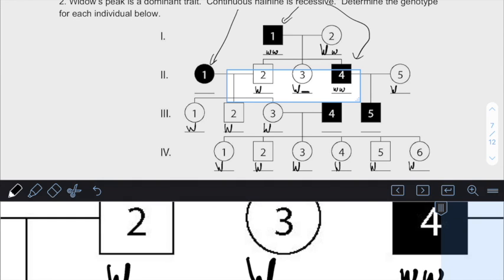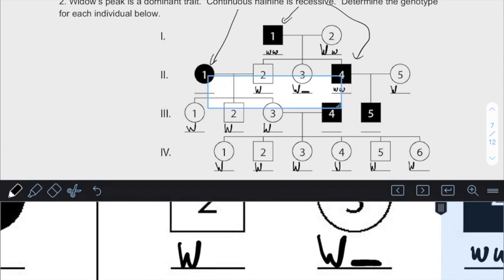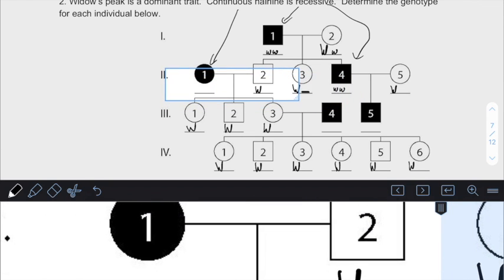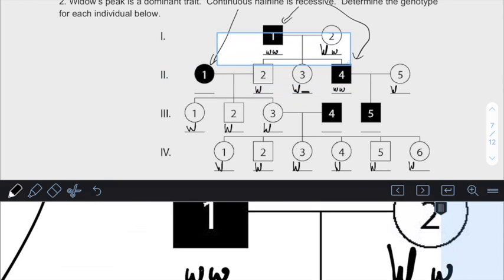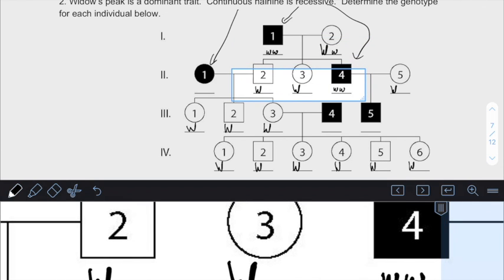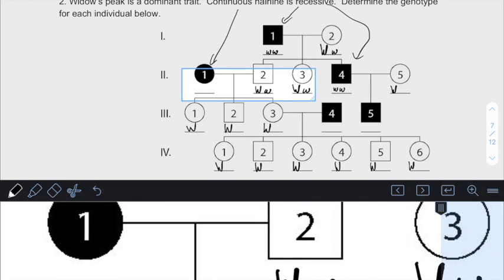Please indicate your blanks with an underline or with a low tab. And then actually we don't have to indicate that because one of their parents has the recessive condition. So actually we know that all of these children have to carry one of their father's continuous hairline genes.